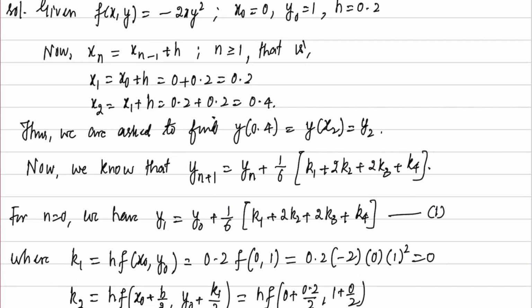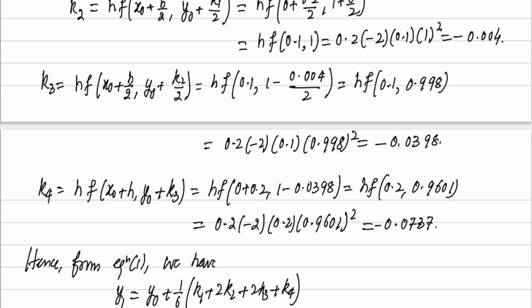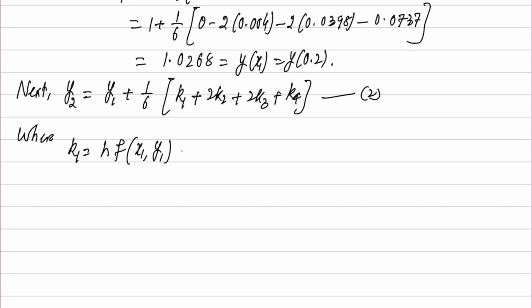Why is it f of x1 y1 now? Because in the formula for the Runge-Kutta method, when we put n equal to 1, we get y2 equal to y1 plus 1 by 6 times the ki's, and k1 becomes h f of x1 y1. So now, similarly to the previous step, this is equal to h f of x1, which is 0.2, and y1 as calculated, 1.0268. Now substituting the functional value, we finally get 0.0843.